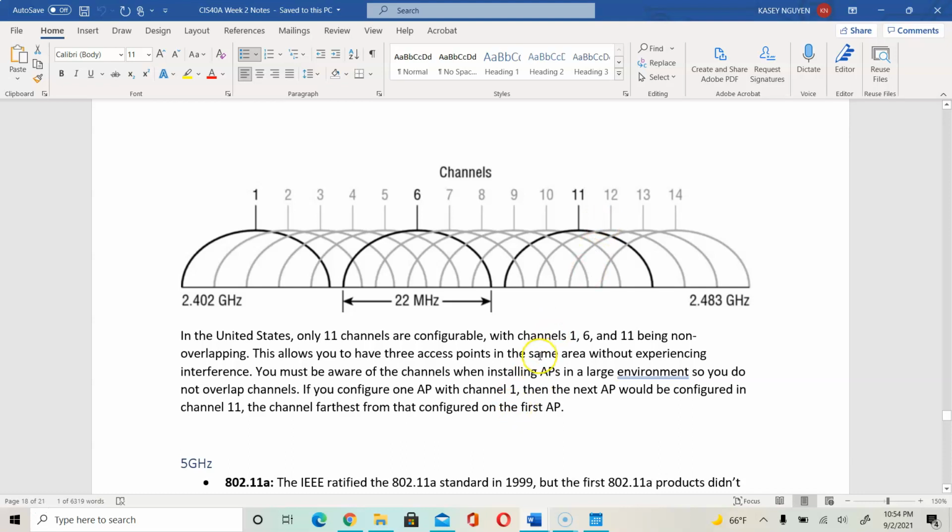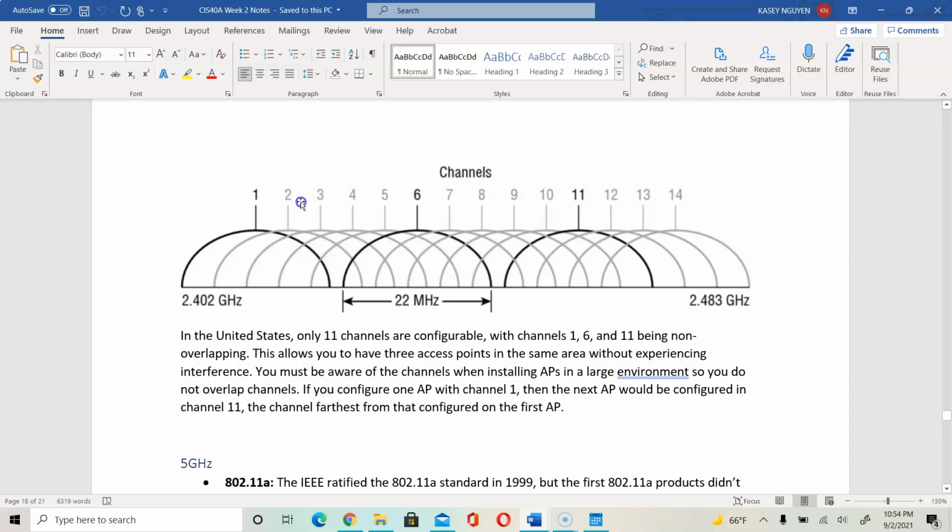non-overlapping. So you must be aware of the channel so that your access points are not overlapping. If you configure an access point with channel 1, then the next access point you would need to configure at 11 or 6. You cannot have a 1 and a 1 across, because these channels are non-overlapping.